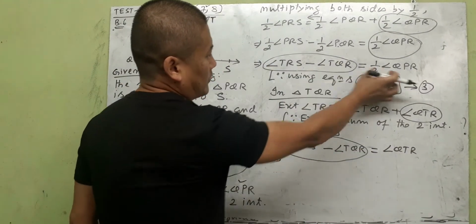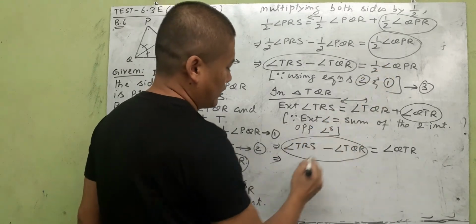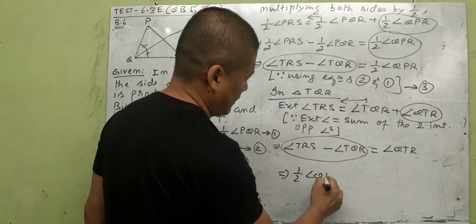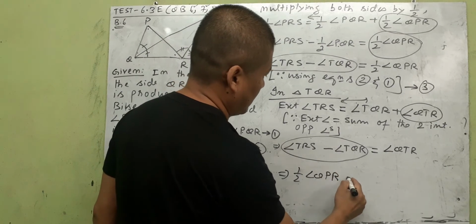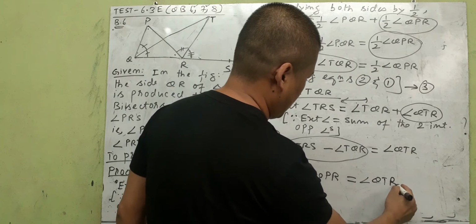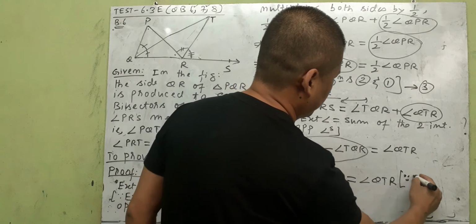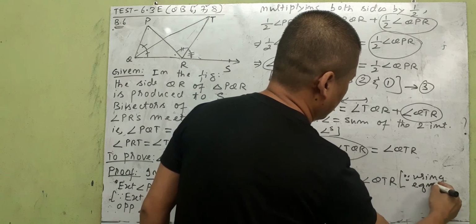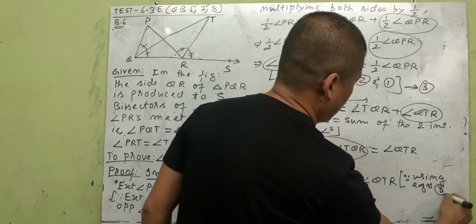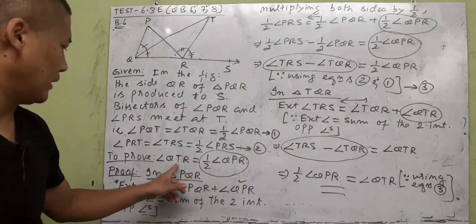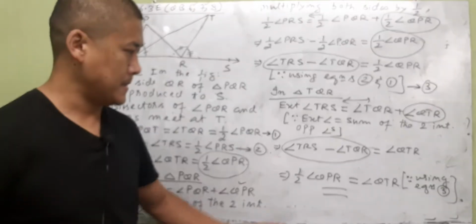So this is equal to this, so we can replace this one now by this one, half angle QPR is equal to angle QTR, and we write here, since using equation number 3, so hence proved. See here, QTR equals half angle QPR, right?